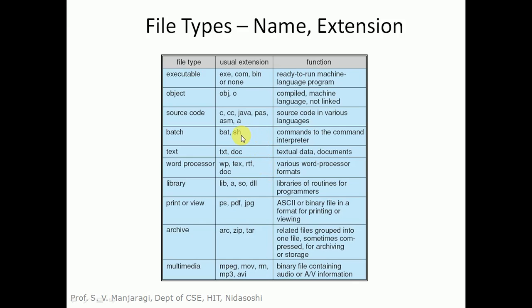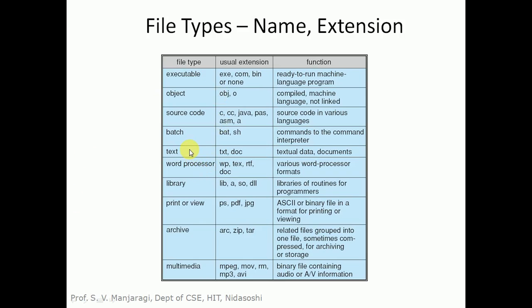There is a command called sh, using which we can execute a batch file. In Windows, you can create a file with the extension .bat. That is called a batch file, containing a set of commands, and it can be executed in the system.